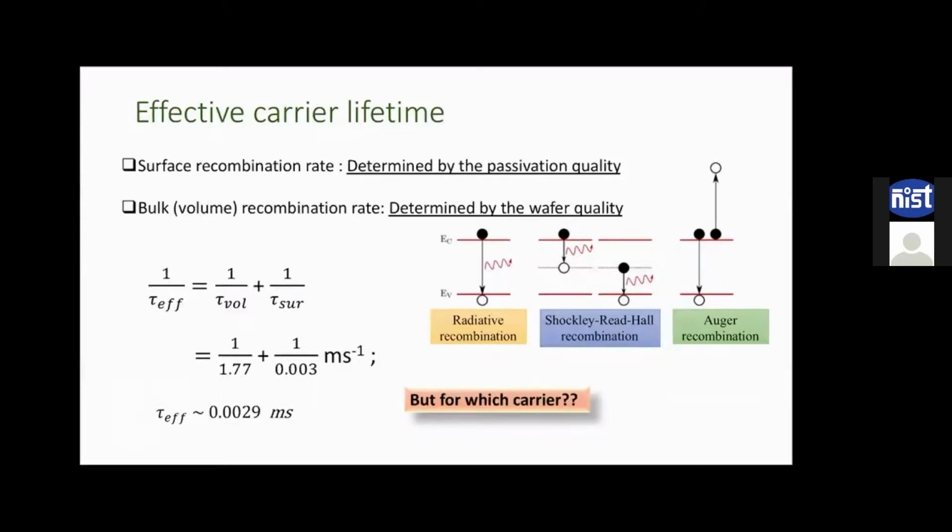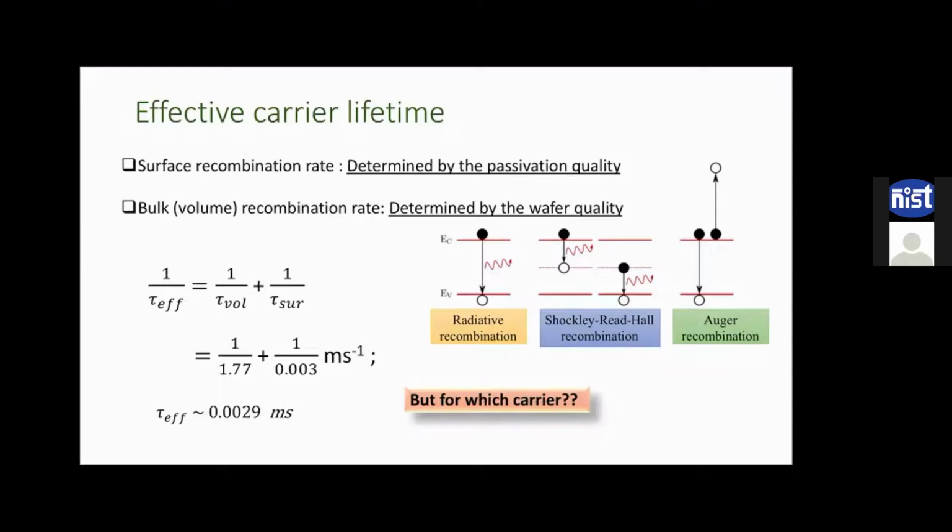Okay, now let us talk about a very important concept. We have talked about carrier lifetime within your crystalline silicon structure, but which type of carriers is this lifetime associated with? You have photogenerated electrons in the conduction band and photogenerated holes in the valence band.